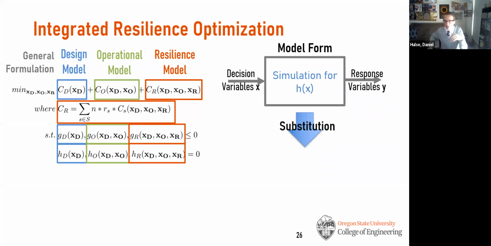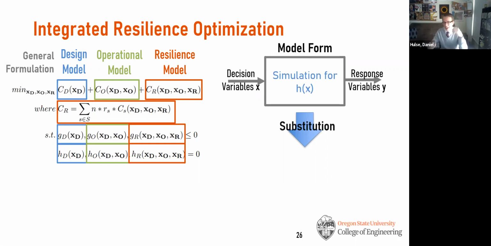Now, solving this problem has its own difficulties. One assumption we use in this work, to make it a little easier and to fit within our overall framework where we have models, is to substitute each of these equality constraints, which we consider to be a simulation or a model where you have some input decision variables and they give you some output response variables.